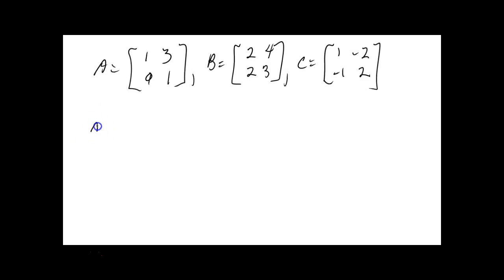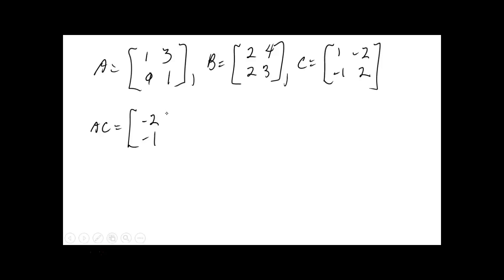So we're first going to do AC. And negative 2 plus 6 is 4.